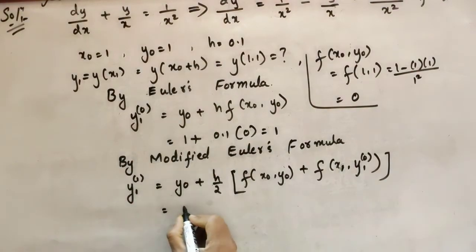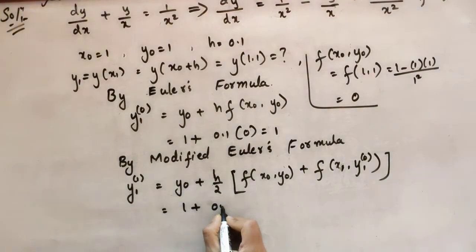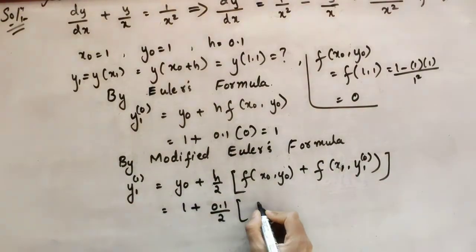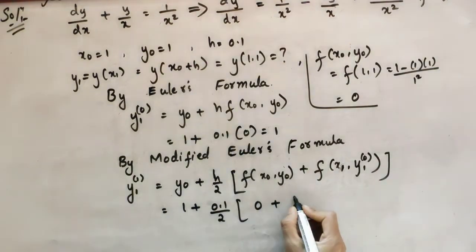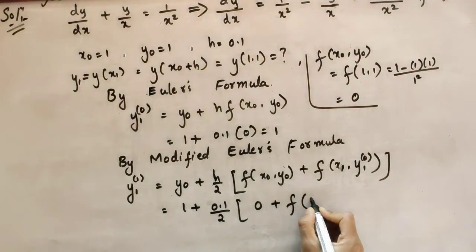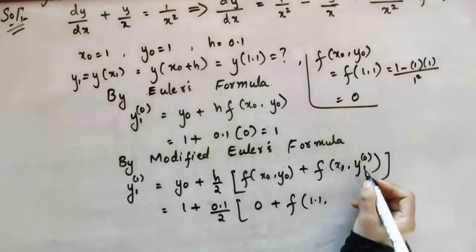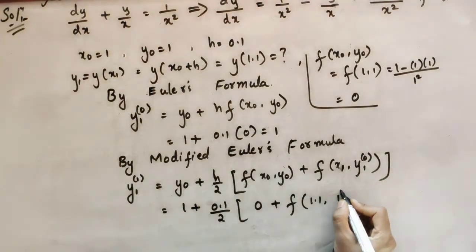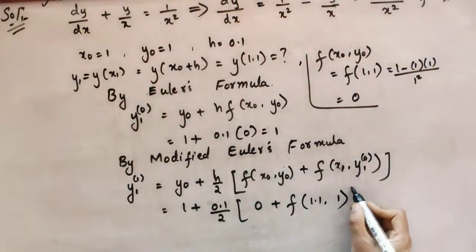So y0 is 1 plus h is 0.1 divided by 2. f of x0, y0 is 0. f of x1, so x1 is 1.1, comma y1 initial approximation is 1.